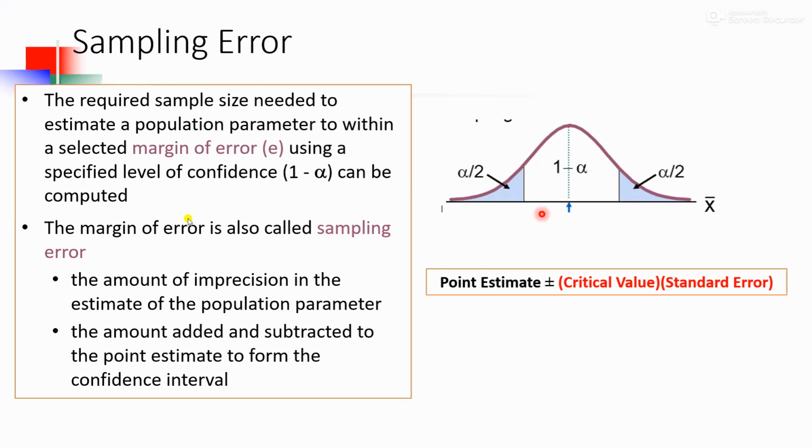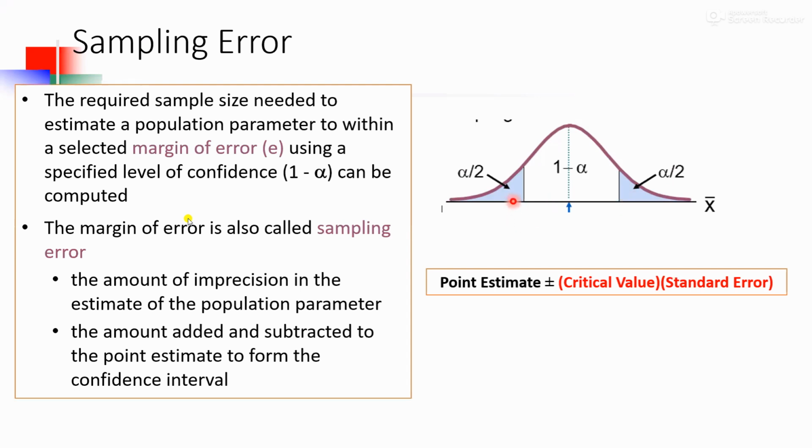So now here this is our 1 minus alpha % confidence interval. Then this is our confidence interval lower limit and the upper limit. If a value falls beyond this point, then the parameter will be outside of the confidence interval.